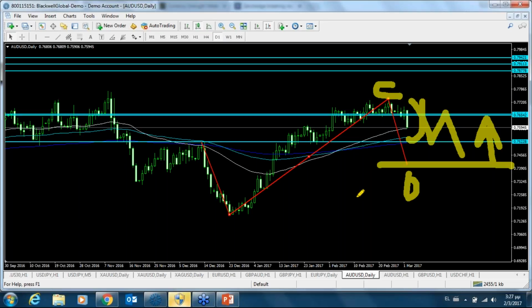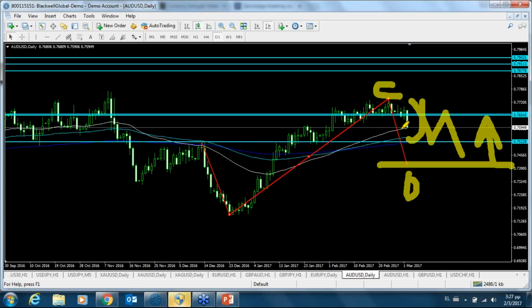Now here it might find support at either one of the levels. That's why I like using the 200, the 100, and the 50 moving averages, because they not only help you mark the trend or look into the direction, but they also help you understand how prices are respecting these three lines and might find support. So on the daily chart, AUD USD is going downwards, but it might find support very soon. How did I know that?